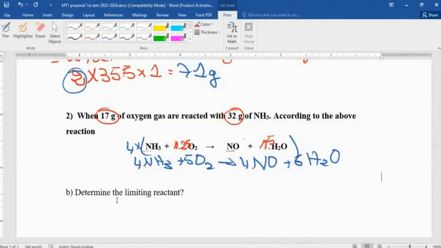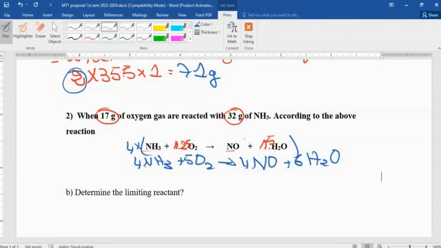So the limiting reactant is not the product; it is the reactant that is consumed first. Since he gave me the amount of two reactants, I have to calculate for each reactant the amount of product formed, and the limiting reactant will be the reactant that produces the lesser amount of the product.